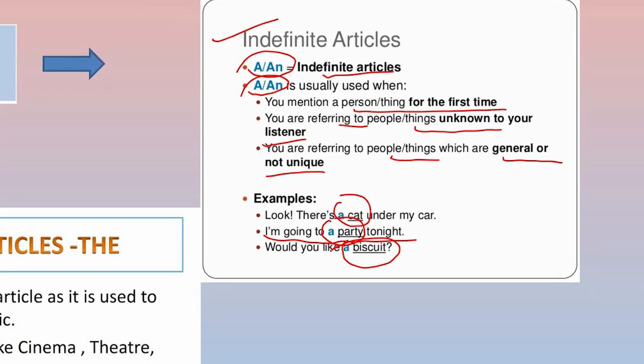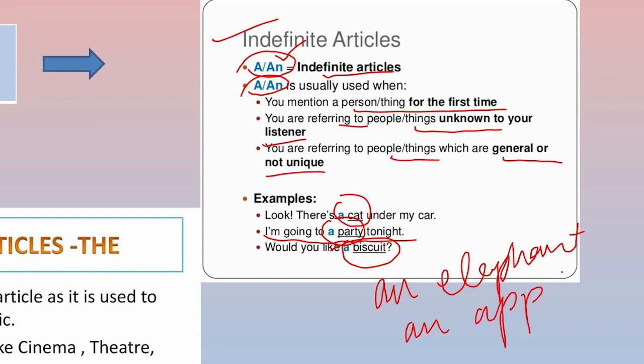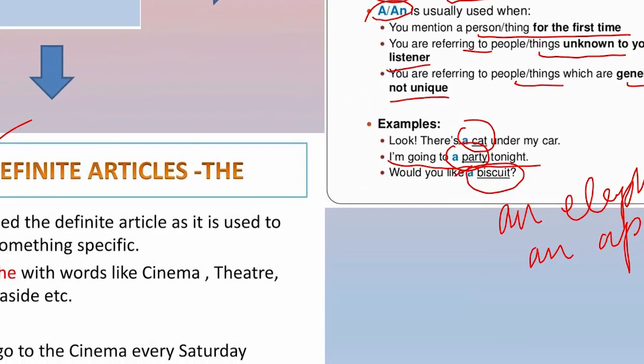Here, we use an before the words that start with a vowel sound, like an elephant, an apple. Good. Look at the definite article here.